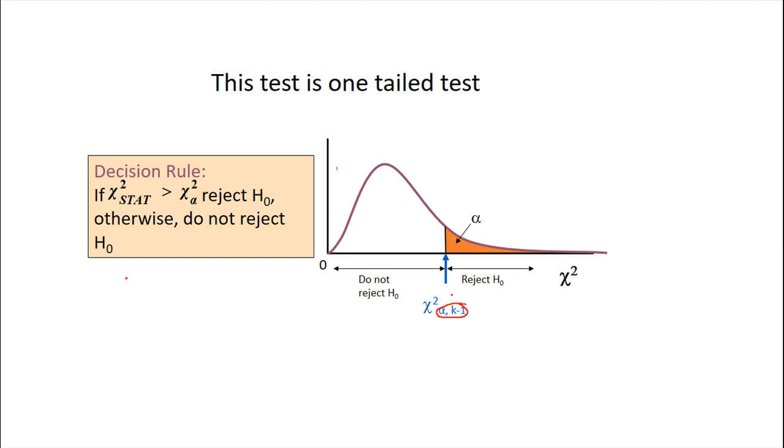This is the rejection area. We reject H0 if the test statistic is in this area, and of course do not reject H0 if the test statistic is between 0 and the critical value.